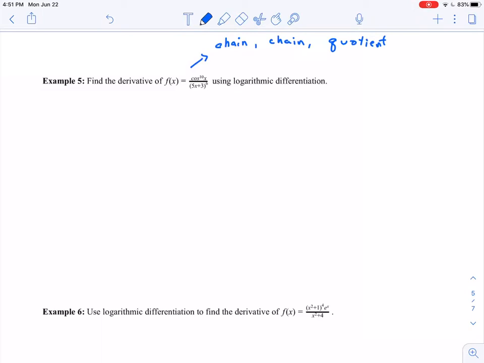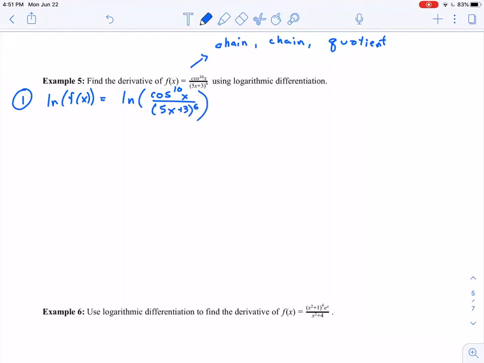So let's start here. I'm going to try and show my work here as much as I can, show each of the steps. First thing I'm going to do is take the natural logarithm of both sides. So I'll have natural log of f of x on the left-hand side and natural log of cosine to the 10th of x divided by 5x plus 3 raised to the 6th power.